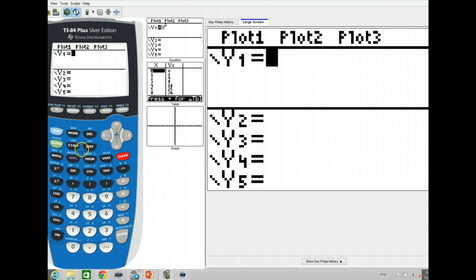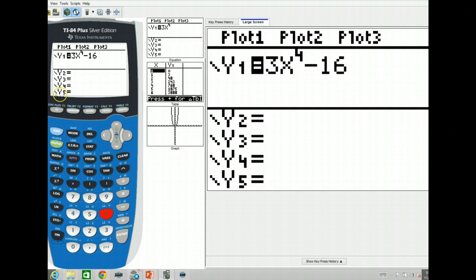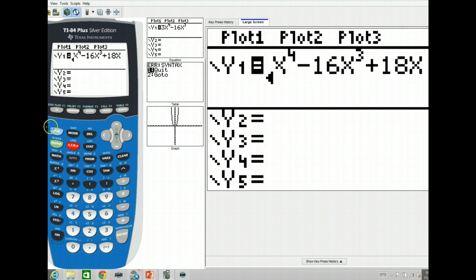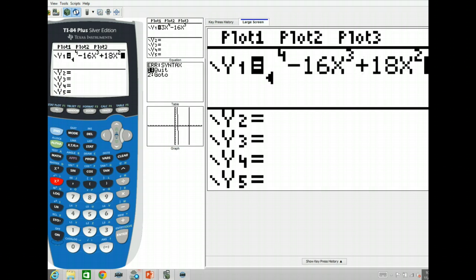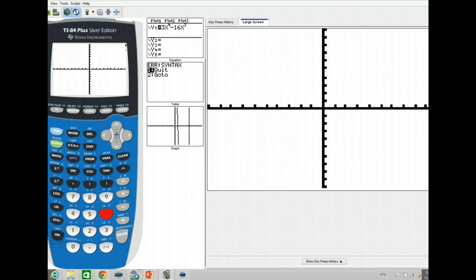So again, that was 3x to the 4th minus 16x cubed plus 18x squared. So I'm going to start with a zoom 6 and then I can reconfigure from there.